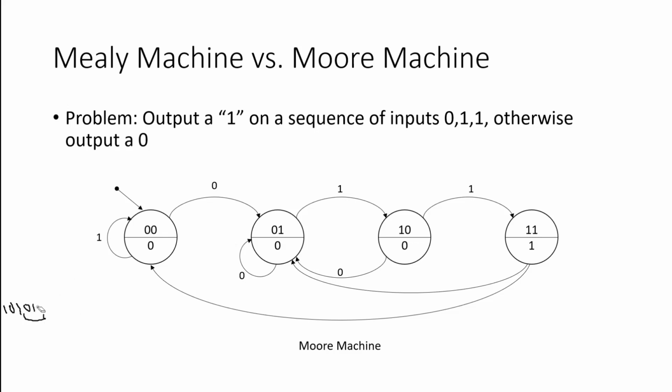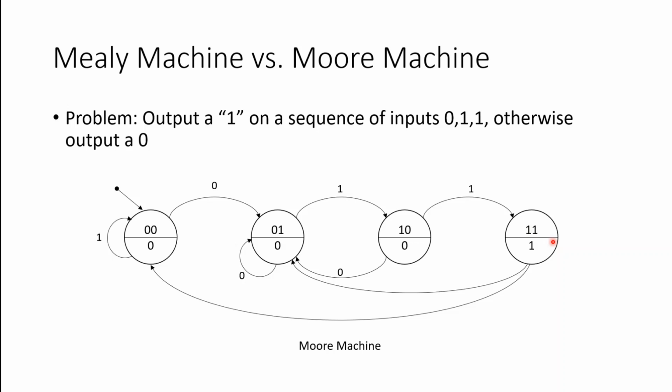This is what we call a sequence detector. And for those of you who would have done digital electronics, you'd be quite familiar with this. So let's take a look at this Moore diagram here to understand what's going on. We have 4 states here in this diagram: state 0 0, 0 1, 1 0, and 1 1. Alternatively, I could have labeled these states A, B, C, and D. Really doesn't matter.